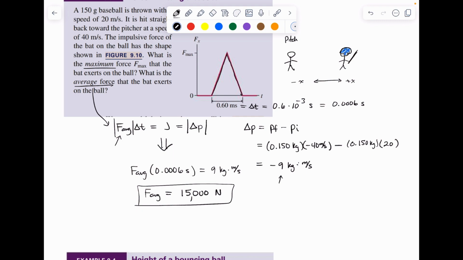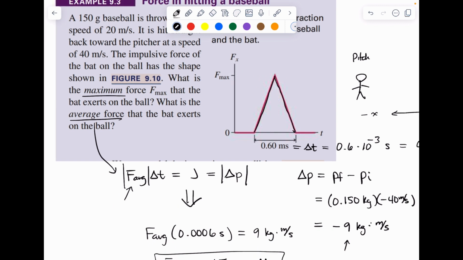All right, and here's something to think about. The average force should be some sort of force between 0 and the maximum, such that the area of this rectangle is exactly equal to the area of the triangle, right?